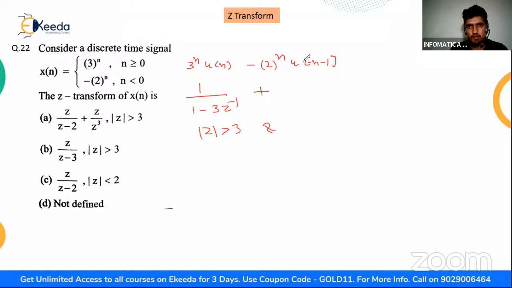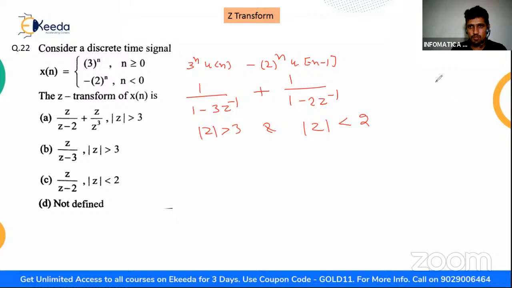Due to shifting and reversal, this becomes positive, so 1 upon 1 minus 2z inverse. And the ROC is mod z must be less than 2, because this is a left-sided sequence. So the ROC will be inner to the innermost pole.